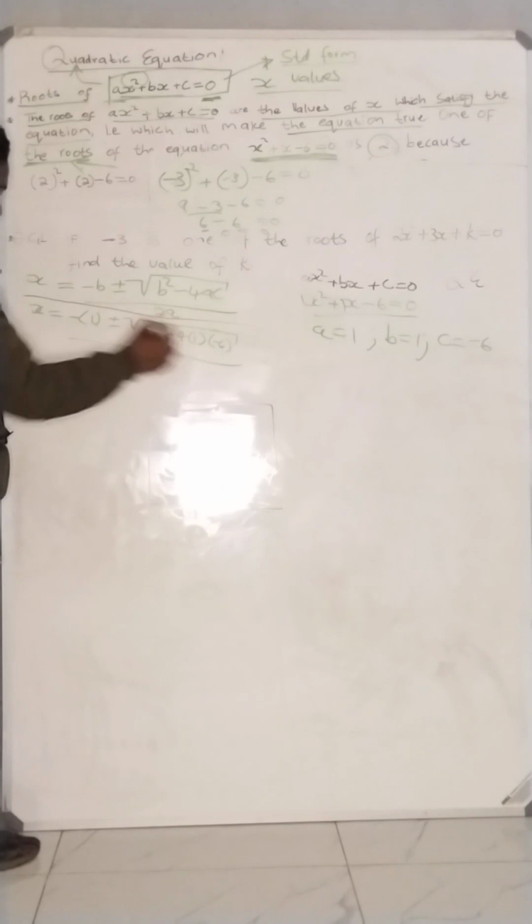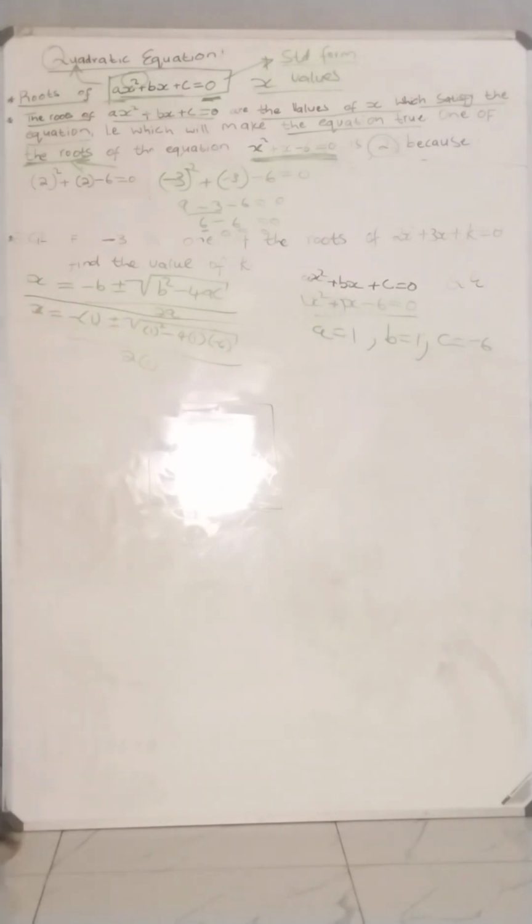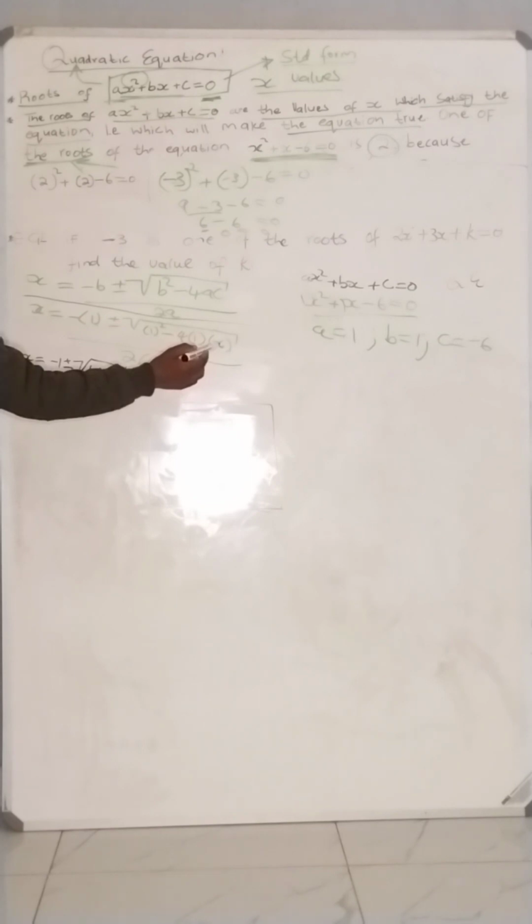So here you're going to have x equals minus 1 plus or minus the square root of 1 minus 4 times 1 is 4, right? 4 times 6 is 24.